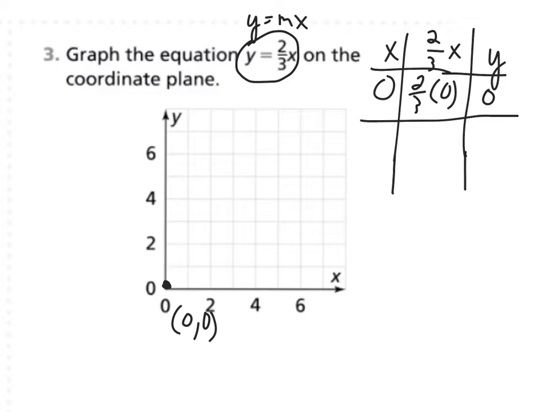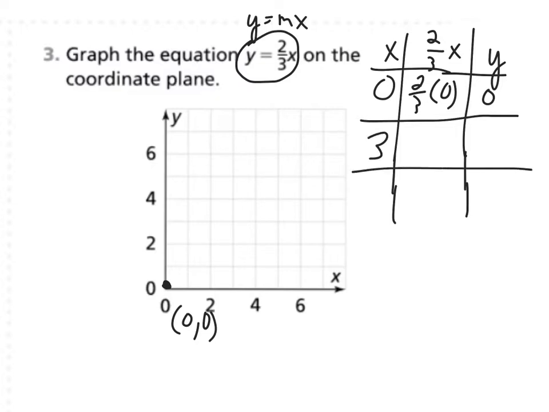If we put a 1 in for x, 2/3 times 1 would be 2/3. I'm not a big fan of graphing the point 1, 2/3 because it's in between. It's hard for me to see exactly where that is. Since we have a fraction, some of these aren't going to come out very nice. So strategically, 1's not going to work very well, 2's not going to work very well.